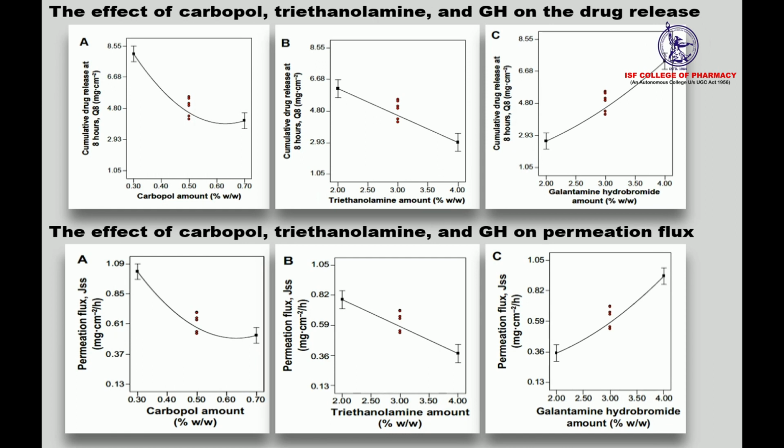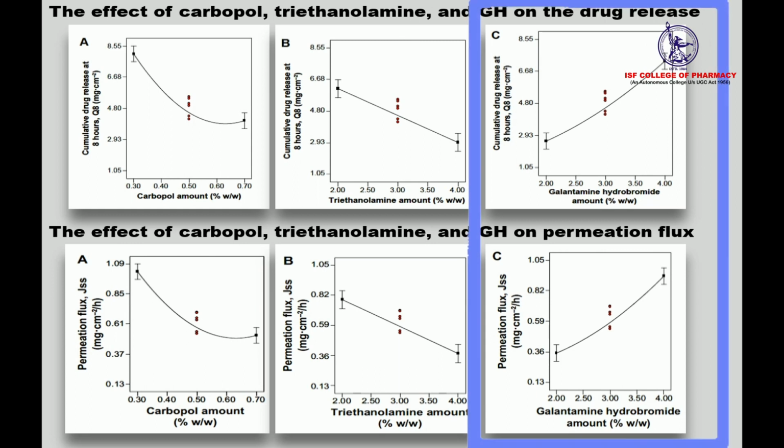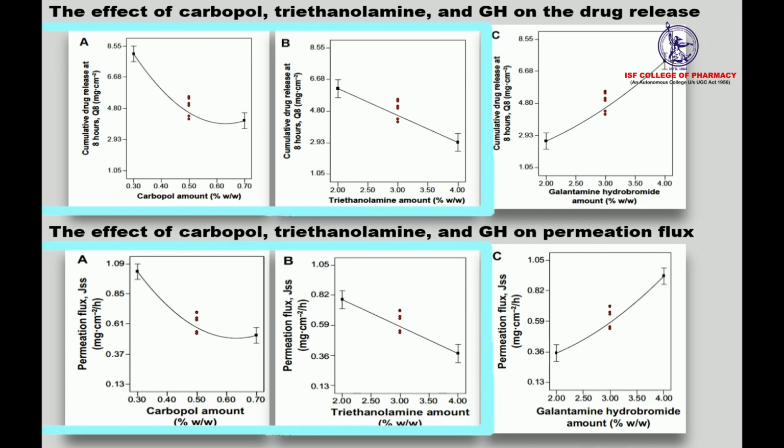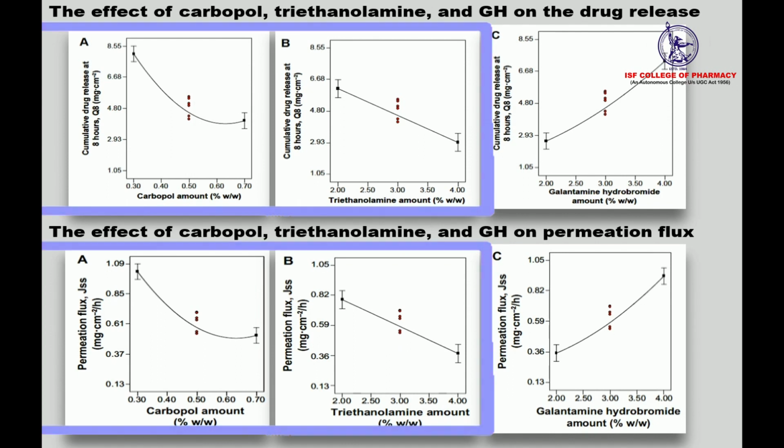Cumulative release and permeation flux, both are desired to be highest for better drug delivery through the transdermal system. As per this observation, only galantamine hydrobromide concentration showed positive correlation with both the dependent variables. However, carbopol and TEA concentration showed inverse correlation with both of the dependent variables.